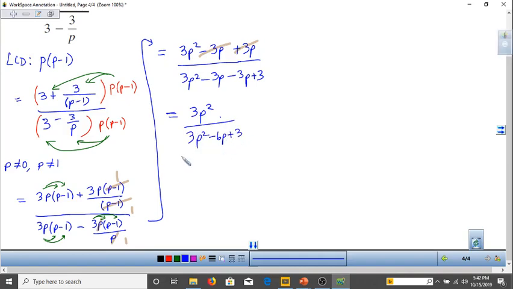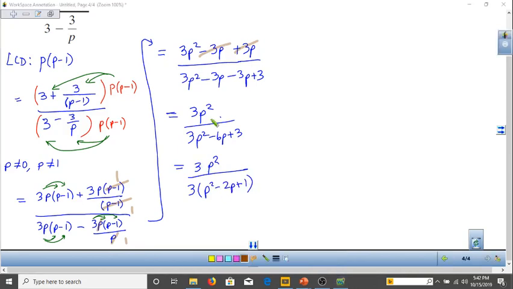I can then factor out a 3, and I get 3 times the quantity p squared minus 2p plus 1. And then the 3's cancel, and that leaves us with p squared over p squared minus 2p plus 1, which actually is a perfect square trinomial.